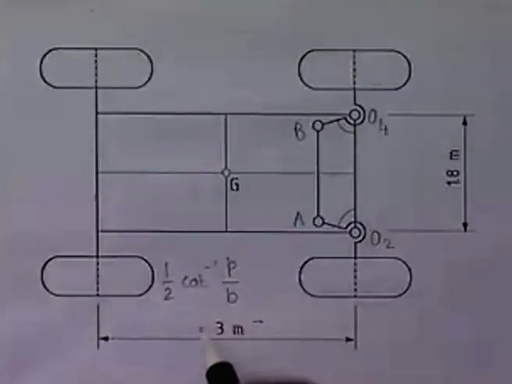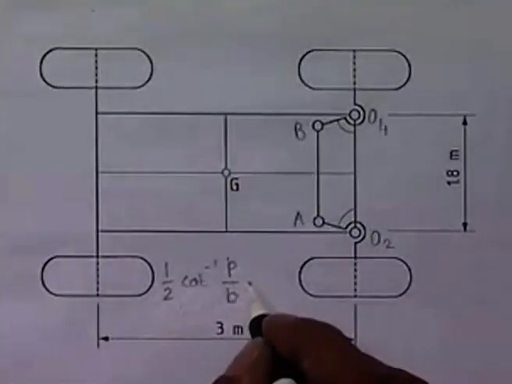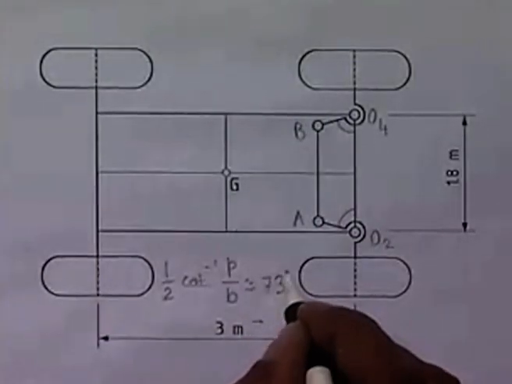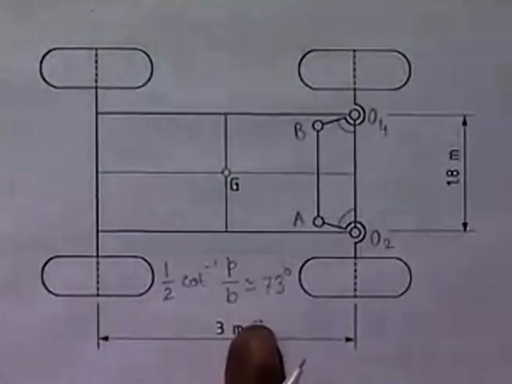So this is half of cot inverse 0.6, which is equal to approximately 73 degrees. That is for the Davis steering gear.